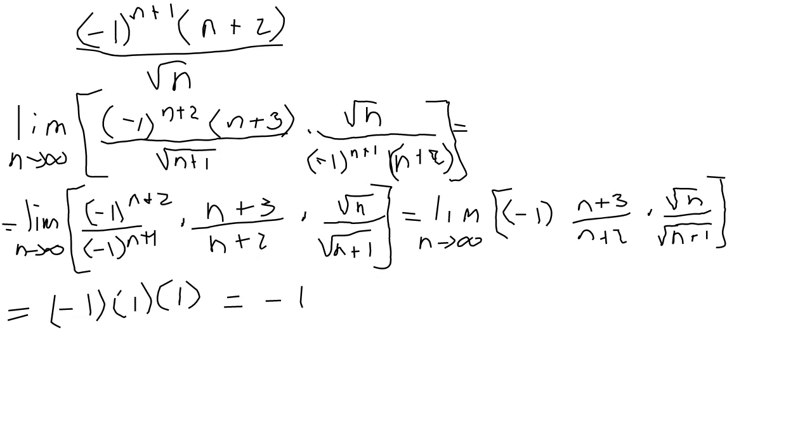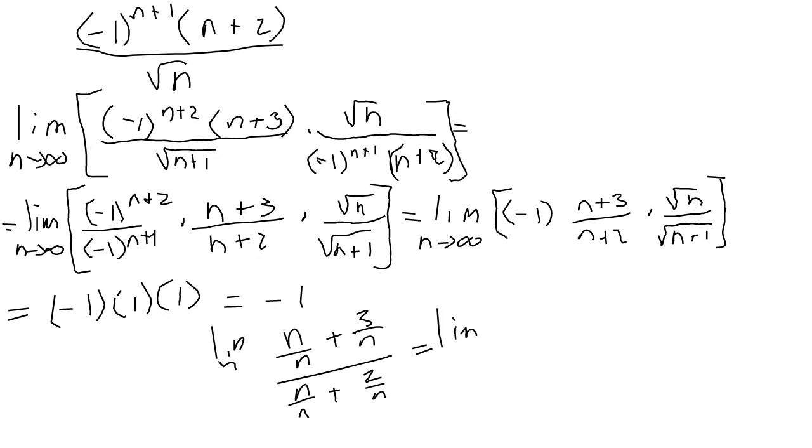Because remember, the method they used to actually prove that that is equal to 1 was this thing. You have the limit, and then you have the n over n, 3 over n, n over n, and 2 over n. That's how they actually proved it. We are just going without doing that because we know it already.